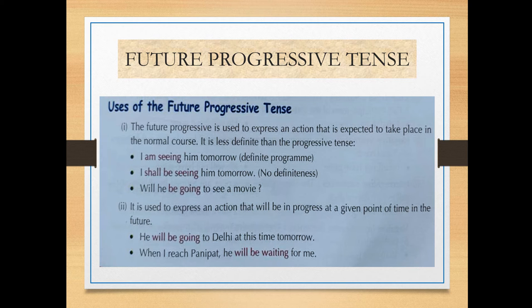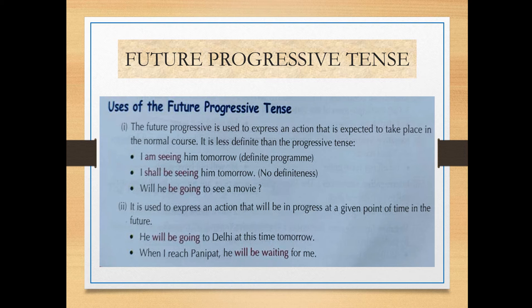Let's see the second one. It is used to express an action that will be in progress at a given point of time in the future. He will be going to Delhi at this time tomorrow. When I reach Panipat, he will be waiting for me.